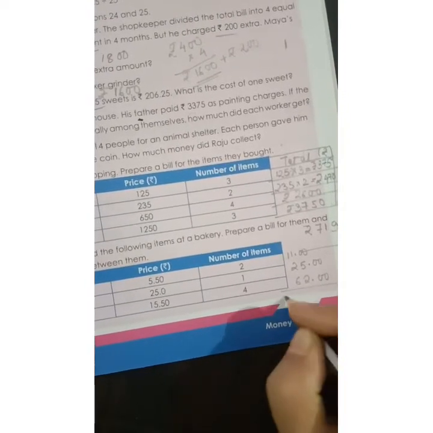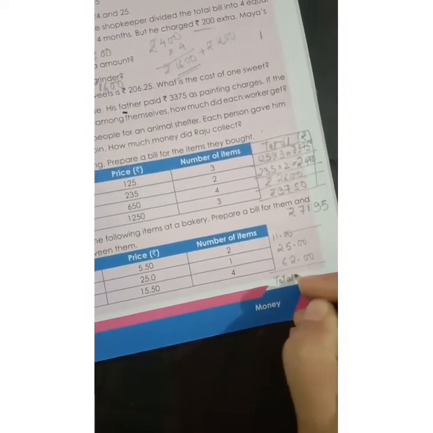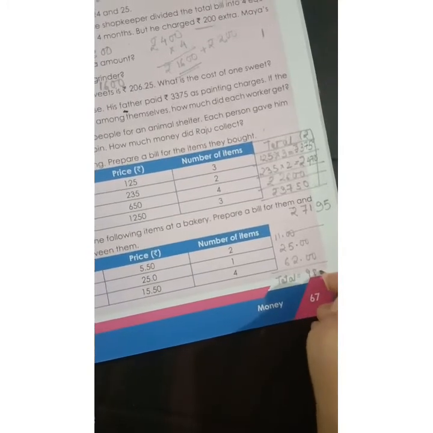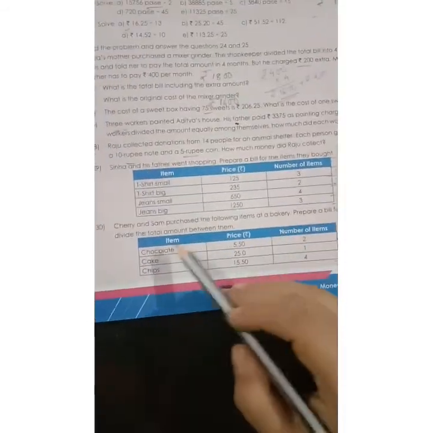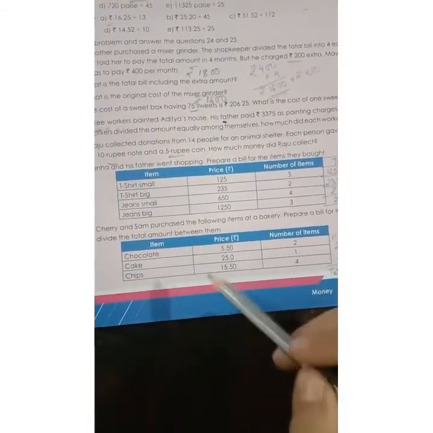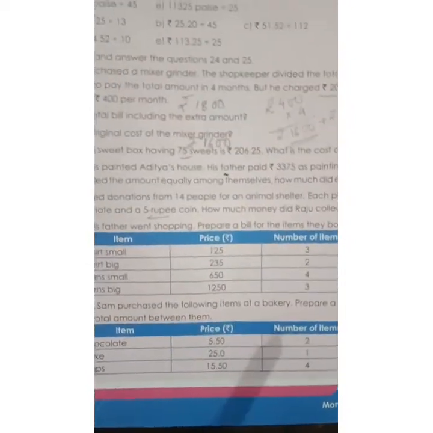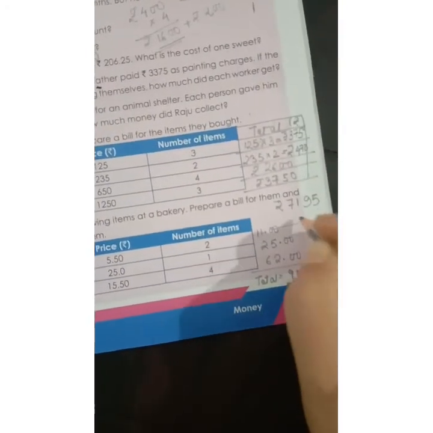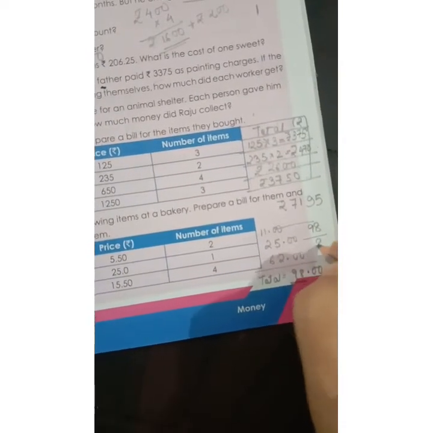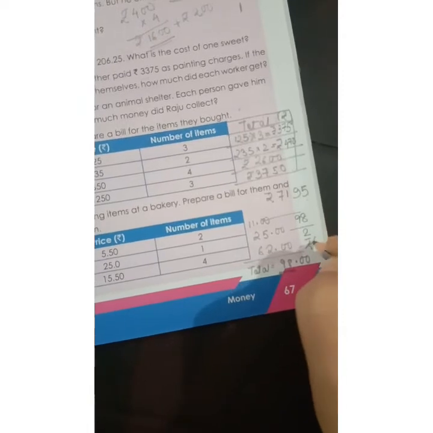What is the total? Total is 98.00. Alright, then divide the total amount between Cherry and Sam. So this rupees 98 you have to divide between Cherry and Sam. So 98 divided by 2, I think it is rupees 49.